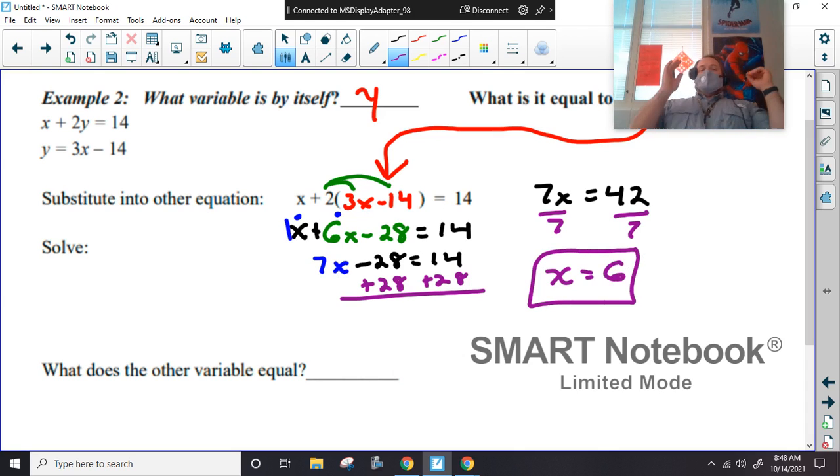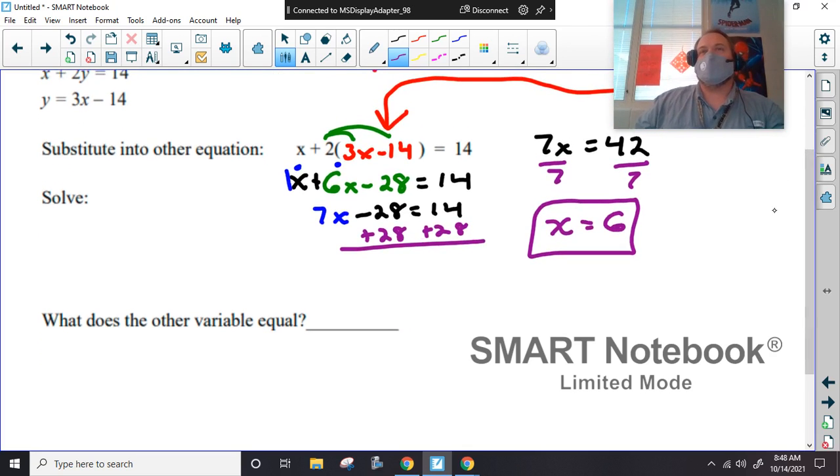All right. So now we know what x is. X is 6. We got that. Now, how do we find y? So we have y equals 3x minus 14.